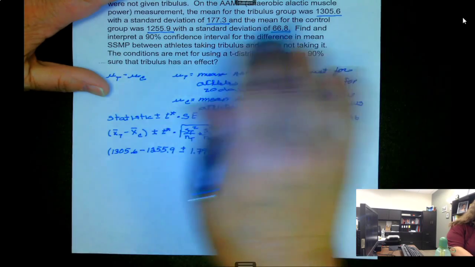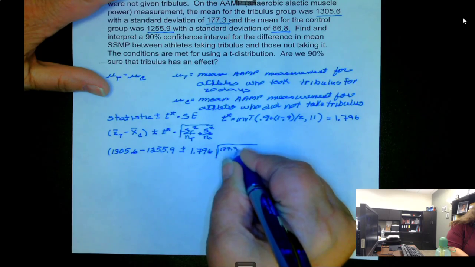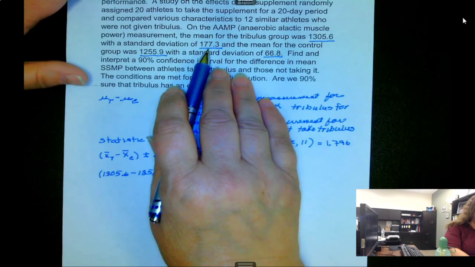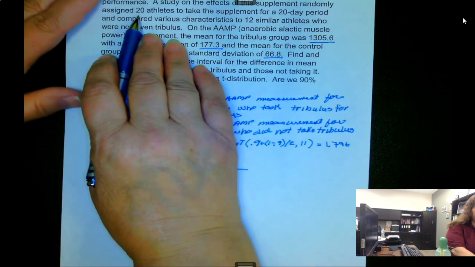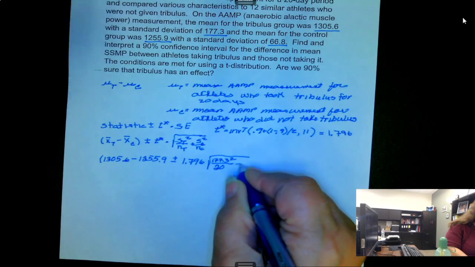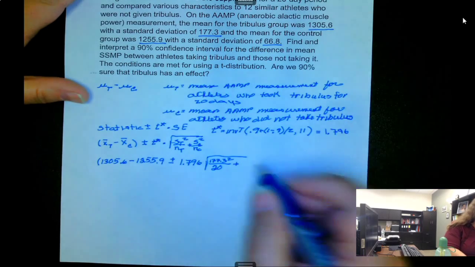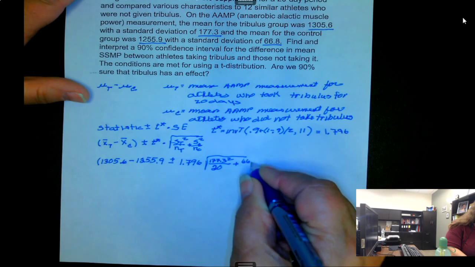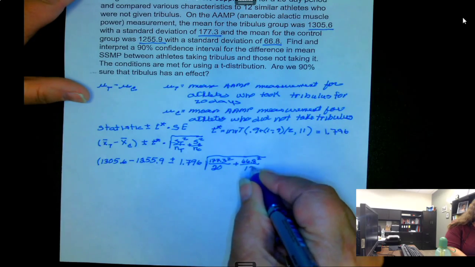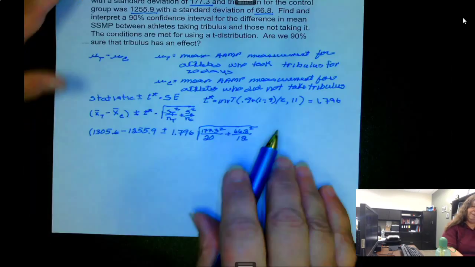times the square root of 177.3 squared, which is the standard deviation for those who took the medication, over 20, which is the number who took the medication, plus 66.8 squared, the standard deviation of those in the control group, divided by 12, because there were 12 in the control group.